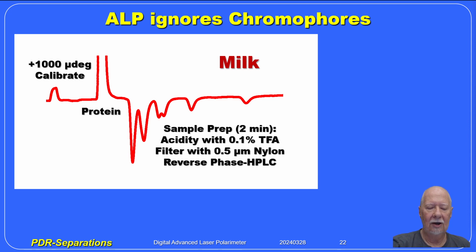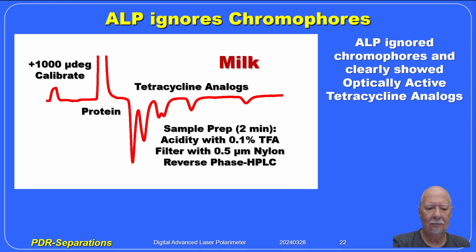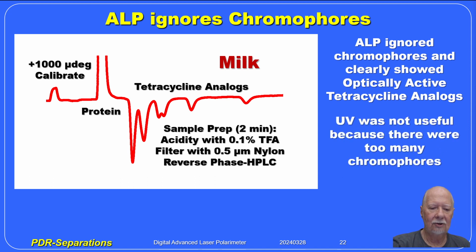Next elutes a huge protein peak, followed by 5 tetracycline analogs. Dalp ignores chromophores and clearly shows the optically active tetracycline analogs as well as the protein. Again, UV was not useful because there were too many chromophores.